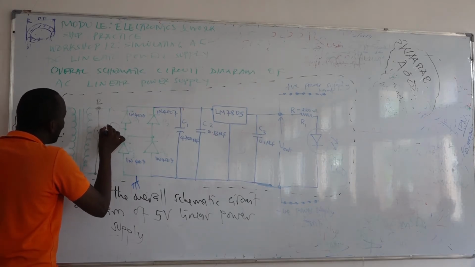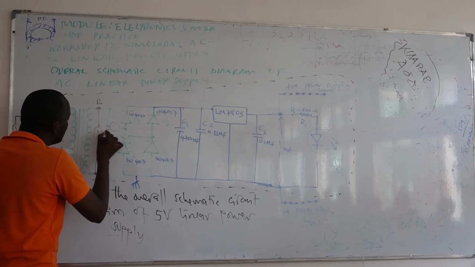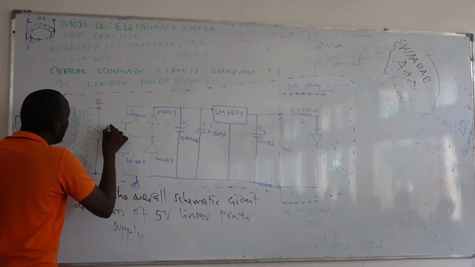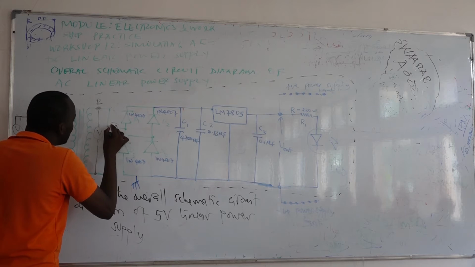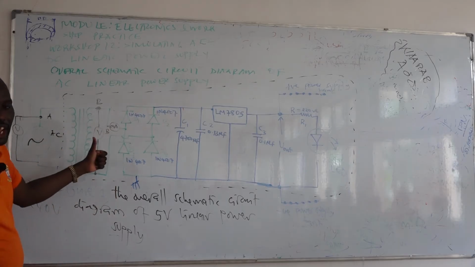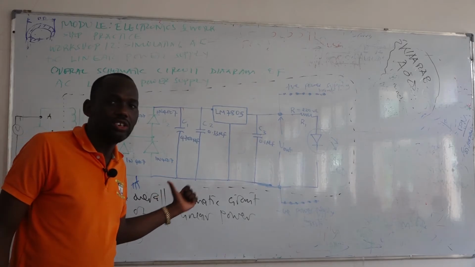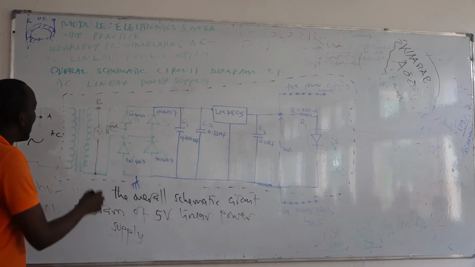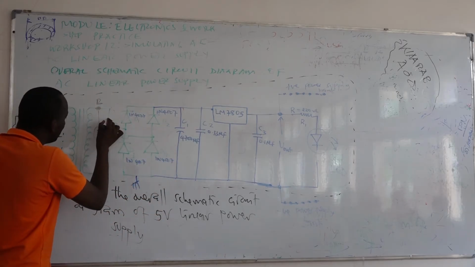So this will be our testing point B, where we are going to use an AC milliammeter to measure the output current of the step down transformer. So this one will be point C.